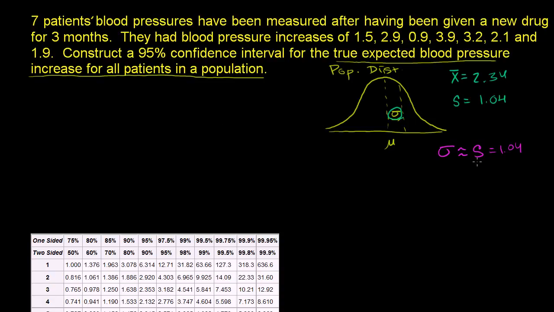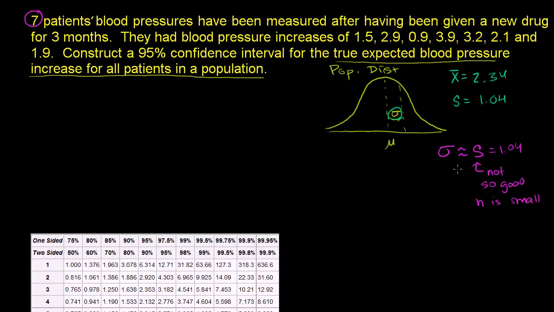We're estimating our standard deviation with an n of only 7, so this is probably not a good estimate, because n is small. In general, this is considered a bad estimate if n is less than 30. Above 30, you're dealing in the realm of pretty good estimates.